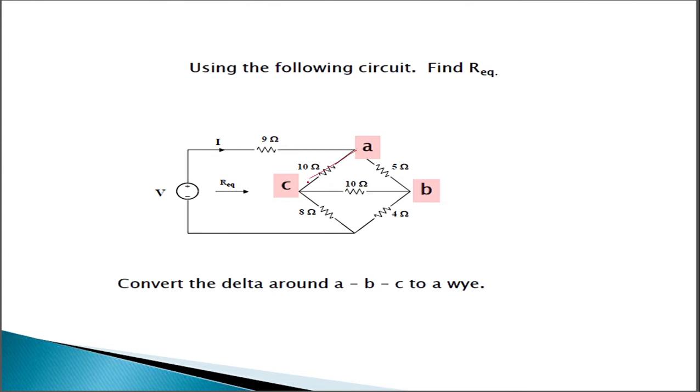This is the shape of delta, and it has already been denoted by A, B, and C. So now we can convert this delta, or we can convert this to the lower part. So if we convert this delta into a star, this is our AB, this is our CB or BC, and this is our AC, right?